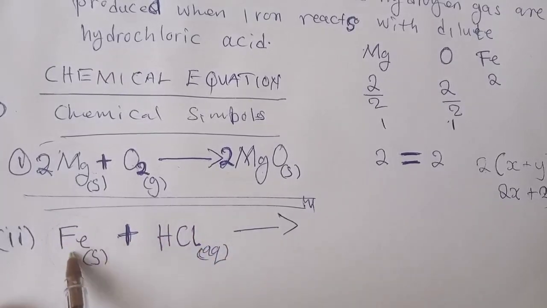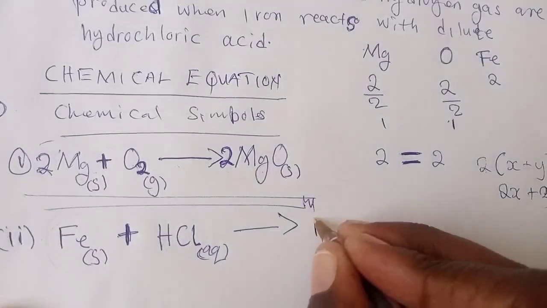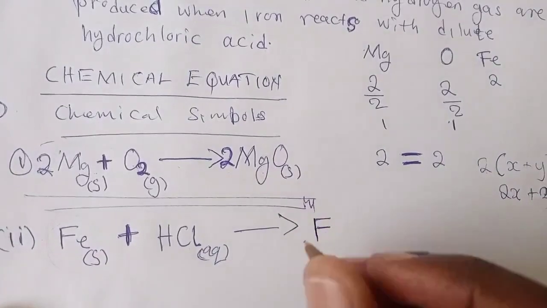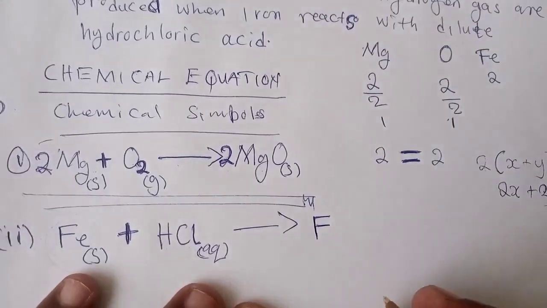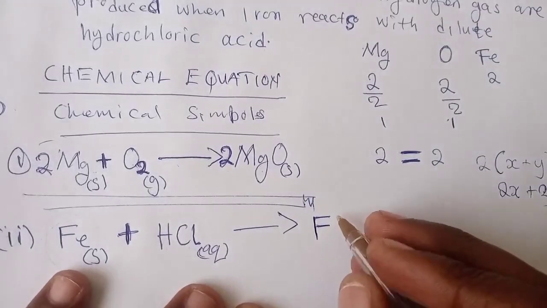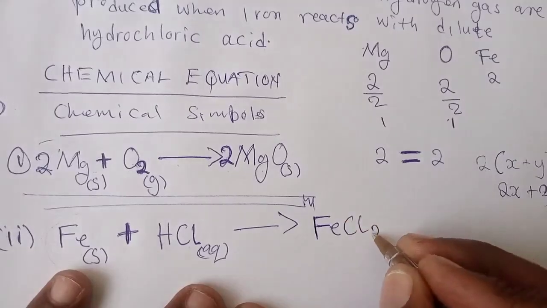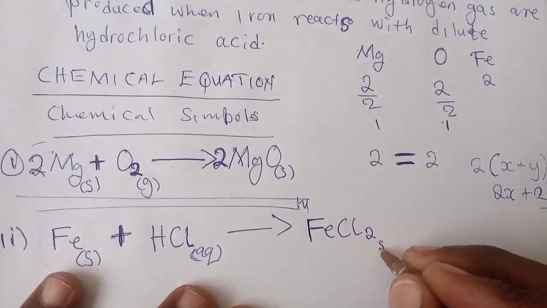But remember, this is iron 2. So the products will be iron 2 chloride plus hydrogen. So it will be like this, iron 2 chloride, like that.